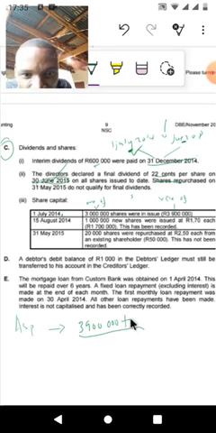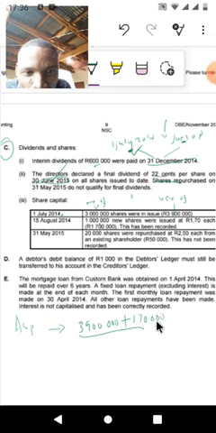We add the additional shares, the shares we issued during the year. 1 million new shares were issued at 1.70, and those shares worth 1,700,000.